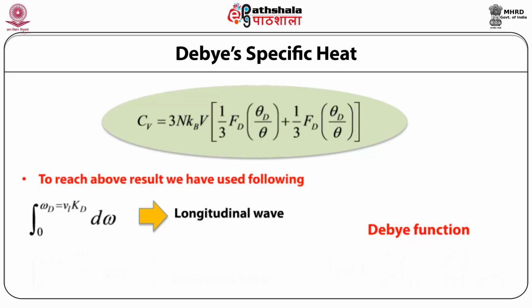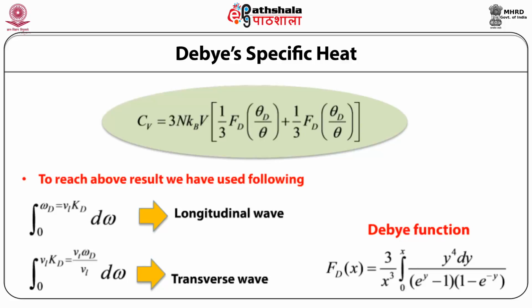And here fd(x) is the Debye function, which is written as fd as a function of x equal to 3 by x cubed, integration from 0 to x, of y raised to power 4 divided by e raised to power y minus 1, multiplied by 1 minus e raised to power minus y.